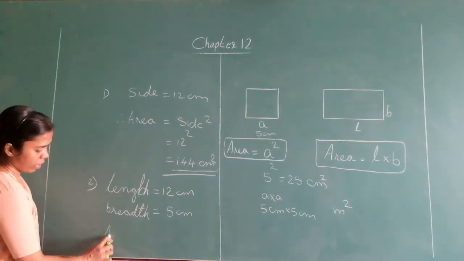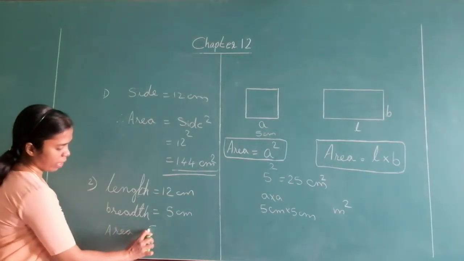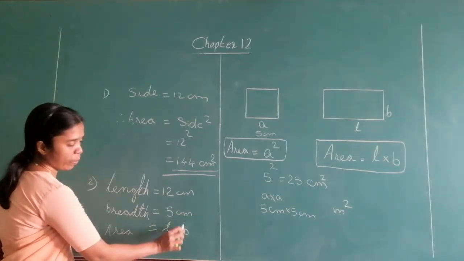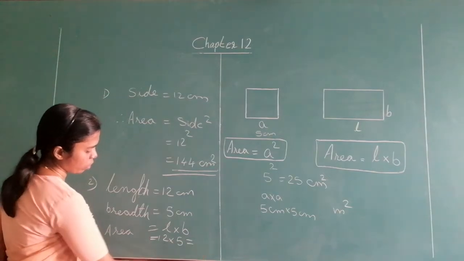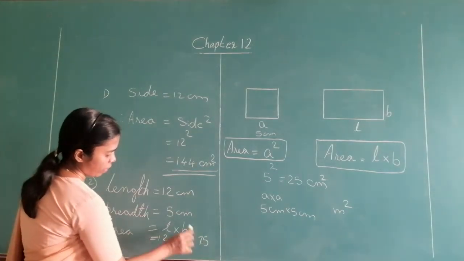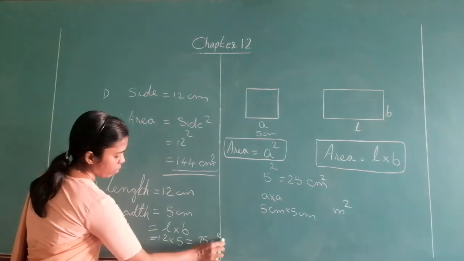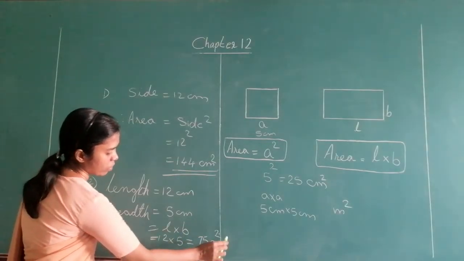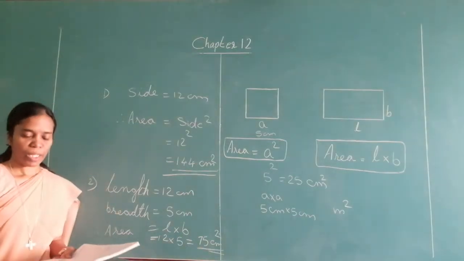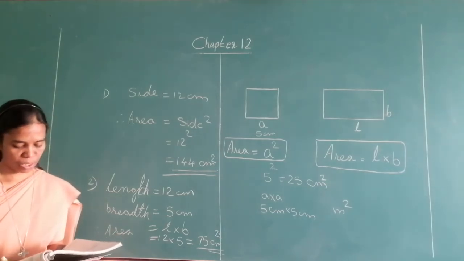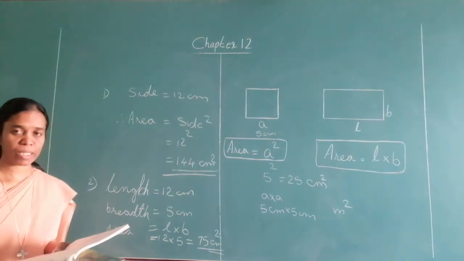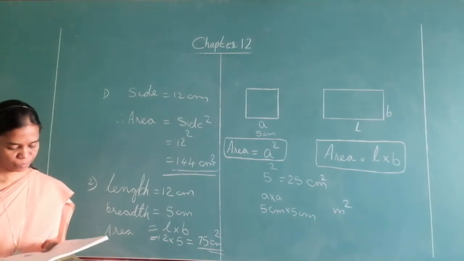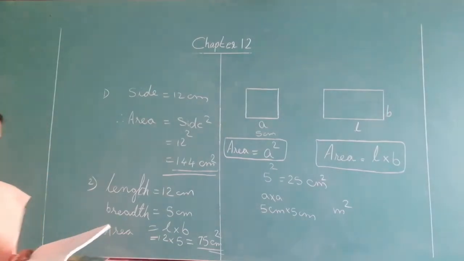Therefore, area is equal to L into B, length into breadth. That is 15 into 5, which is 75. What is the unit? Centimeter square. Please write the concluding statement. Therefore, area of the given rectangle is 75 centimeter square. The third one.